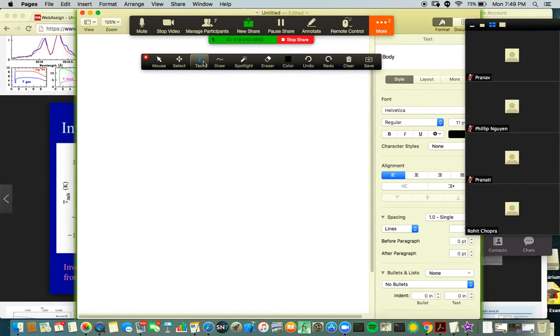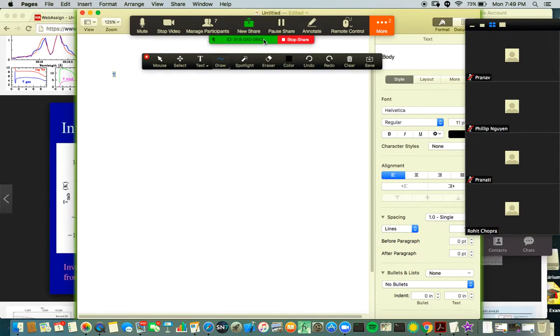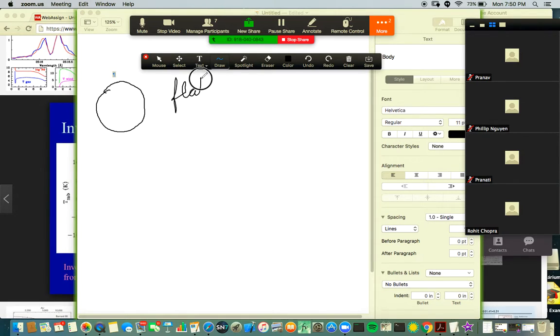Now the second situation is a development over what you did before. So now you have the star, and the star is not going to be flat anymore. The star is a sphere.